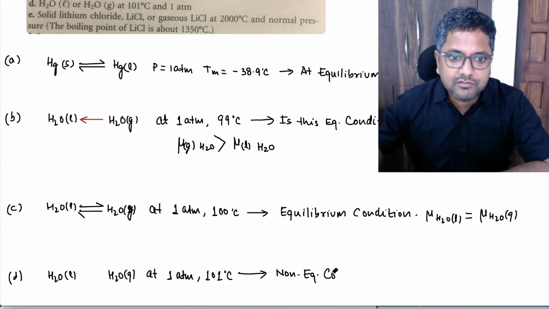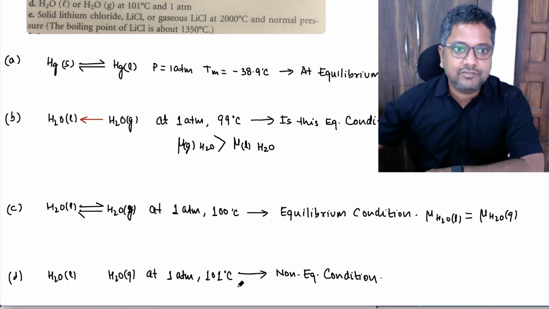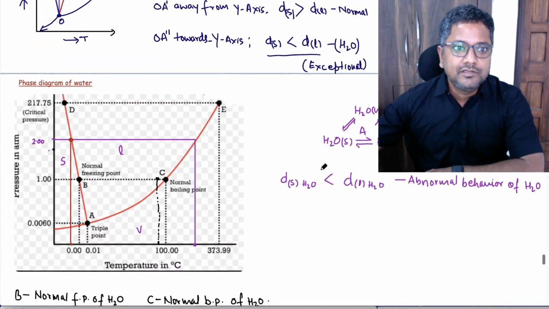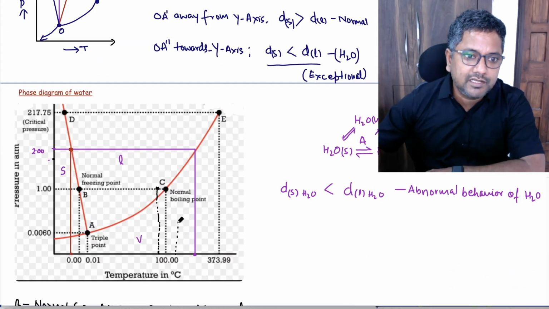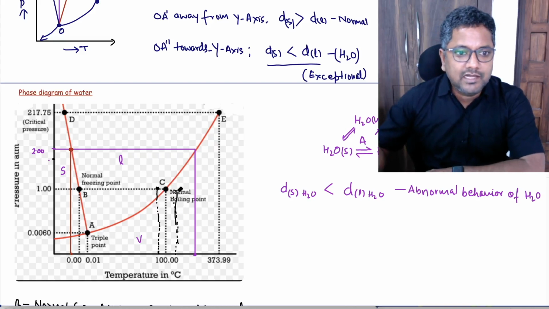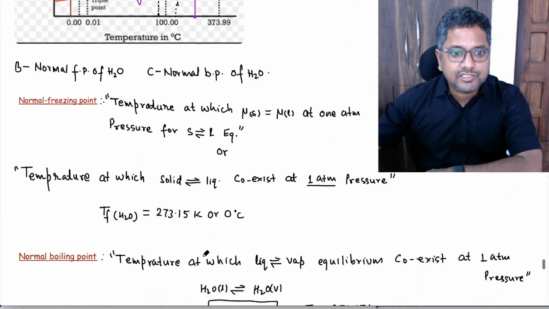If you see your phase diagram, 101 degrees Celsius lies somewhere here, and if you extend the point like this, the 1 atm line will intersect at this point. Which phase does this point belong to? This is completely the vapor phase. So at 101 degrees Celsius, the vapor phase is more stable.